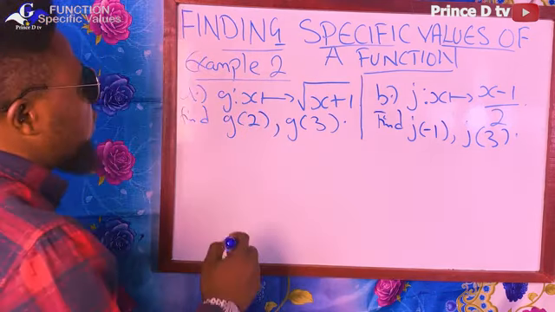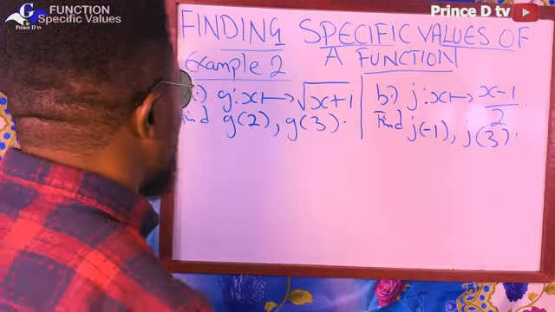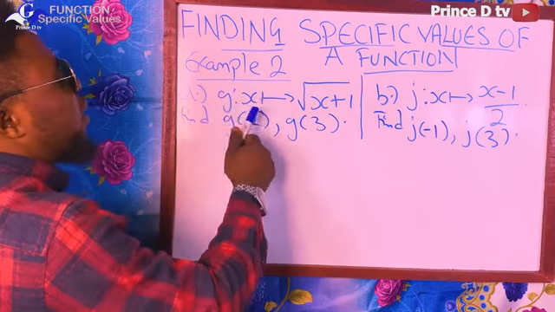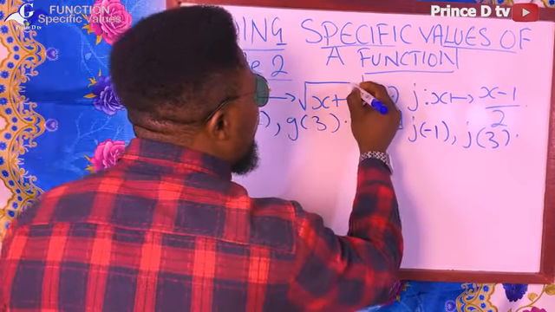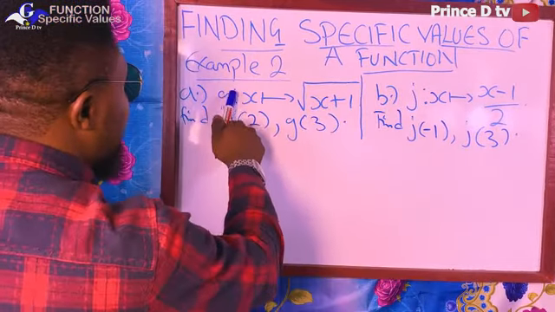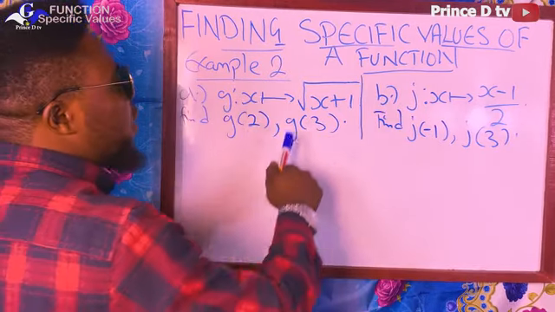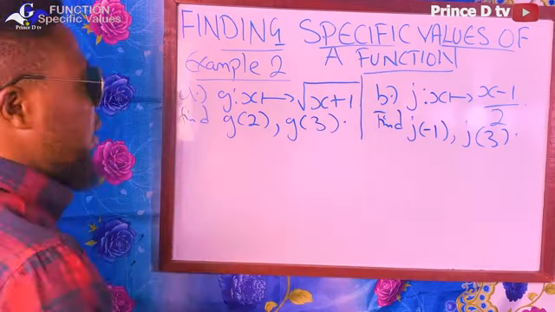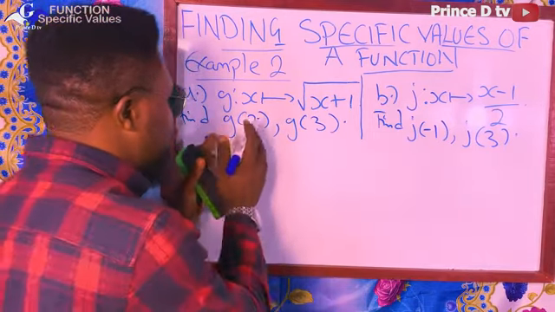So we notice that for this example too, we have 2 different functions, a and b. The first function is g such that x maps onto the square root of x plus 1. So let's begin with g first.